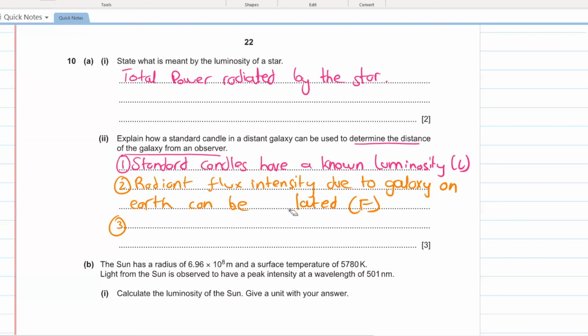And what is the formula that you will apply lastly? F is equal to L over 4 pi d squared, to calculate d. Simple as that.